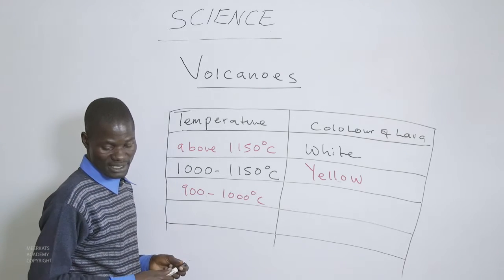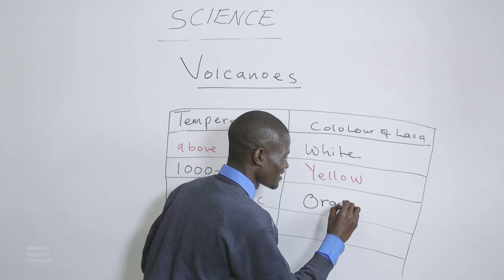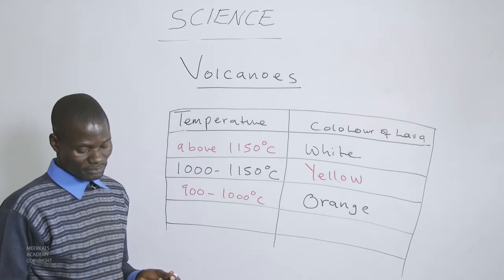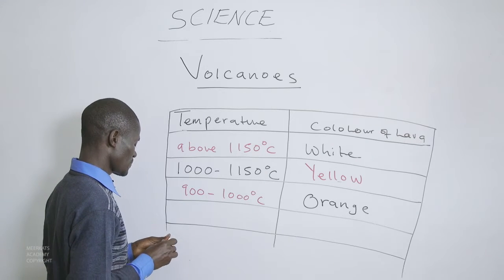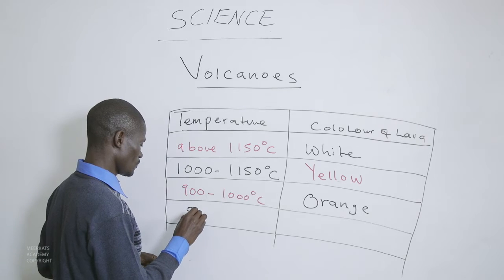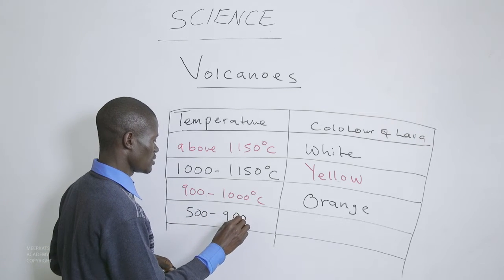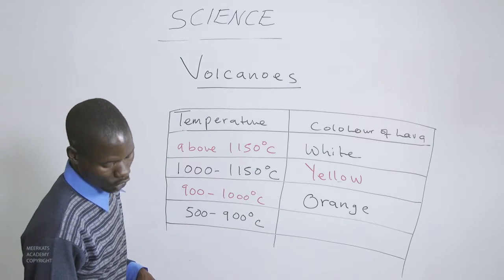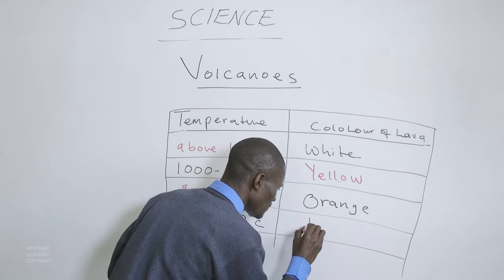It gives rise to an orange color of magma. In the temperatures that range between 500 to 900 degrees centigrade, always the kind of magma is red.